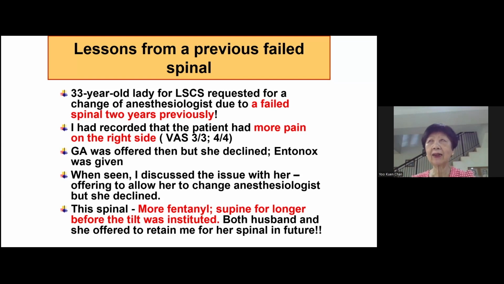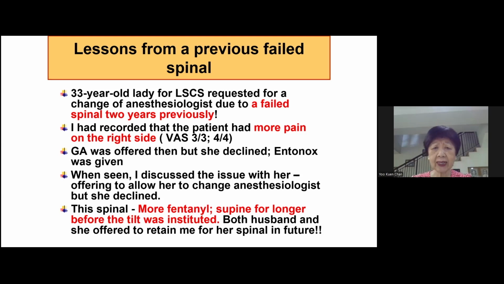So I, like most of you would, wondered, okay, how have I failed her? So I went and looked at the notes. I had actually recorded that the patient had more pain on the right side, and I had offered her a general anesthetic for the failure, but she declined. So all I could give her was Entonox.